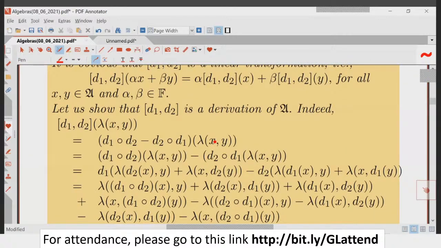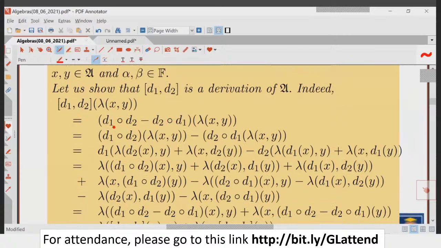Now, why is that a derivation? What will we do for that? The bracket [D1, D2] of this product is the difference of compositions. You can write the composition applied to this product minus the other composition applied to this product.